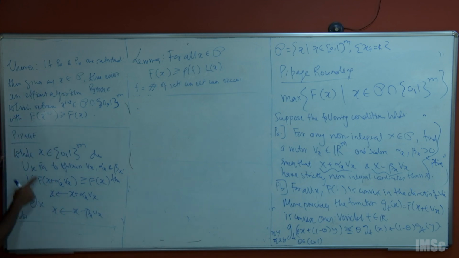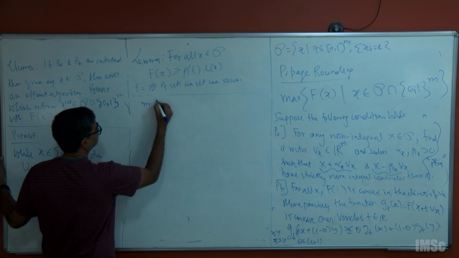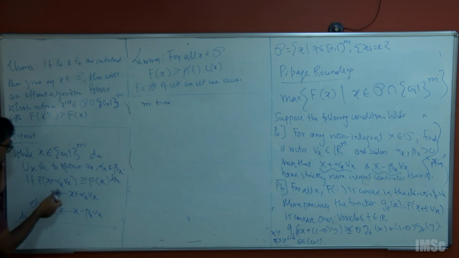So first of all, notice how many times this loop will run: m times, right? Because each time we are increasing the number of integral coordinates by at least one. We use PA to obtain this and this and this.